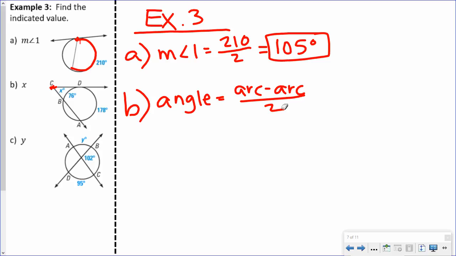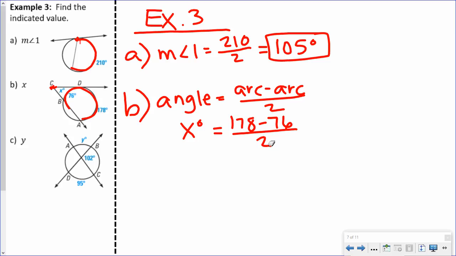So I'm going to plug in all the pieces that I know. The angle is x degrees. The arcs, if you follow, it's this arc and this arc: from D to B, which is 76, and from D to A, which is 178. We always take the bigger arc minus the smaller arc. You can't have negative arc measures, divided by 2.